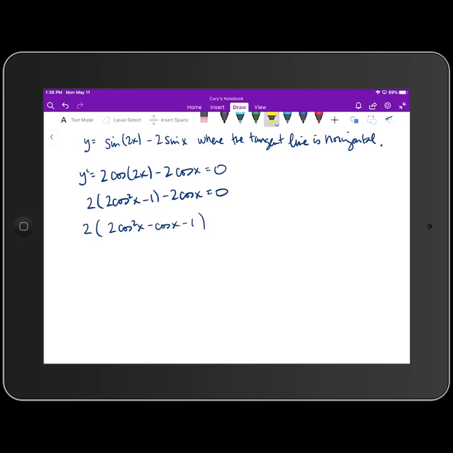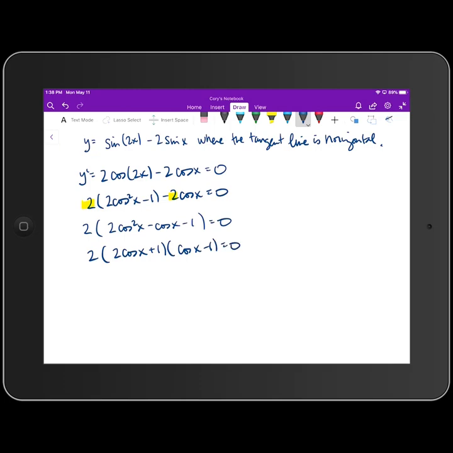Again, I just factored those 2's out of both expressions and then reordered the resulting terms. Okay, so this is factorable. I can factor 2 cosine squared minus cosine minus 1. That's going to factor to 2 times the cosine of x plus 1 times the cosine of x minus 1.